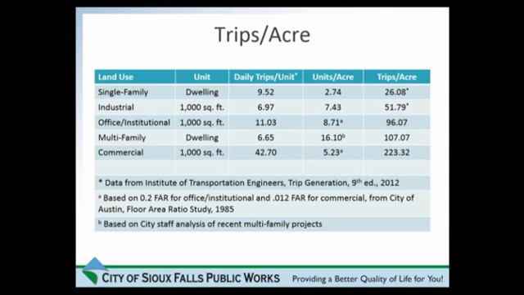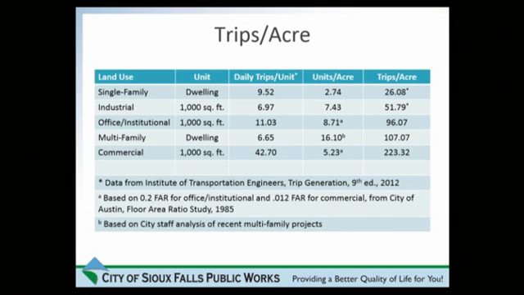Now, the majority of this data is from the 9th edition of Trip Generation, which is a document published by the Institute of Transportation Engineers. This study's information is based on a database that contains over 5,500 individual site studies and is a nationally recognized document used by transportation professionals when conducting traffic studies.